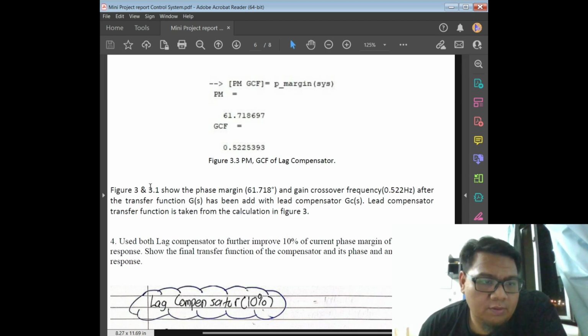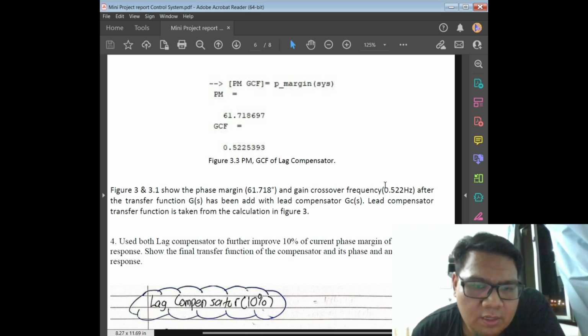Figure 3 and figure 3.1 show the phase margin and the gain crossover frequency after the transfer function has been added with the lead compensator. The lead compensator transfer function is taken from the calculation in figure 3.